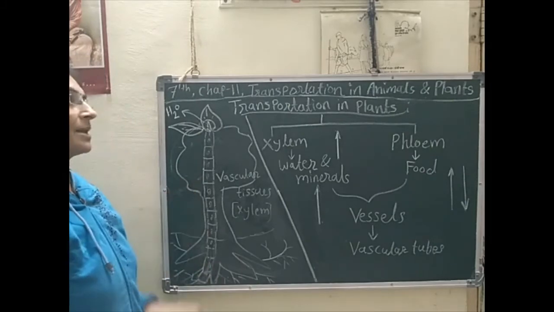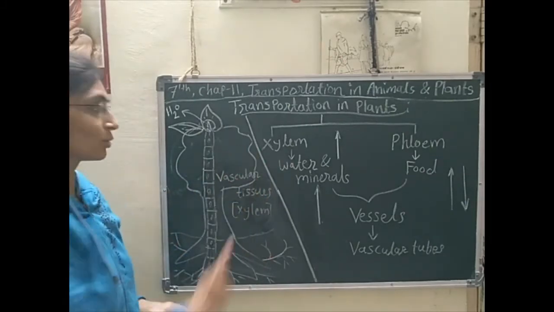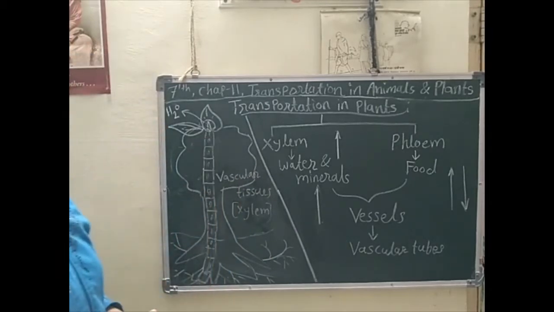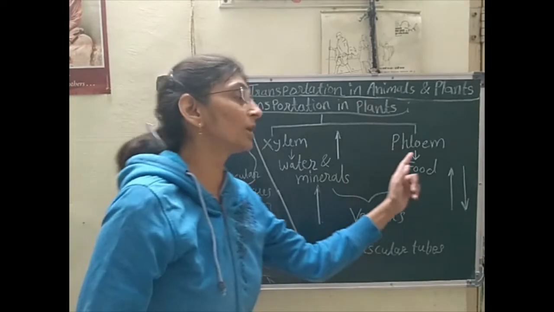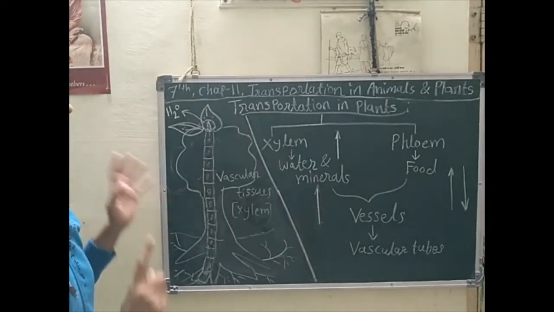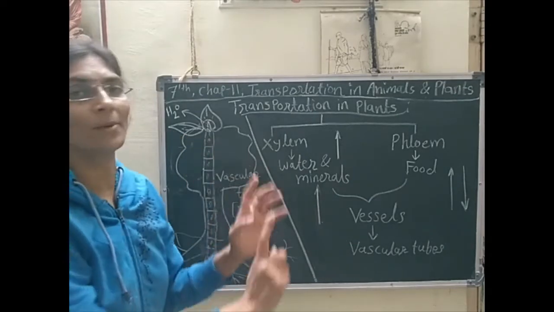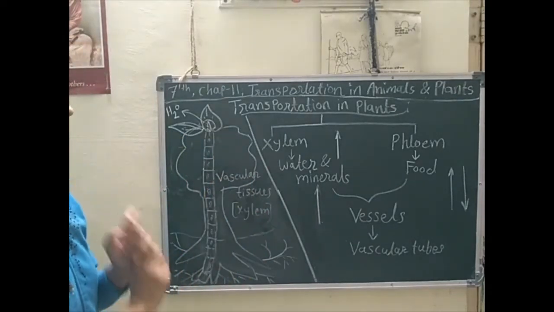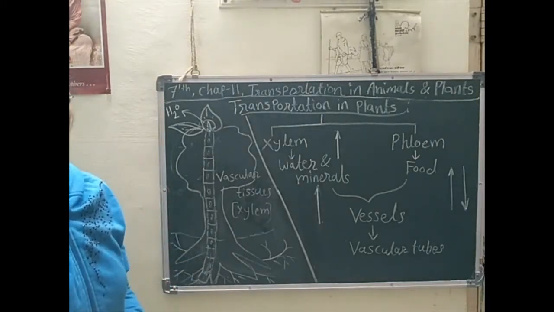So, in this manner, transportation of water and mineral happen through the xylem inside the plant, and transportation of food happens through the phloem inside the plant. So this whole process is the transportation of substances inside the plant.